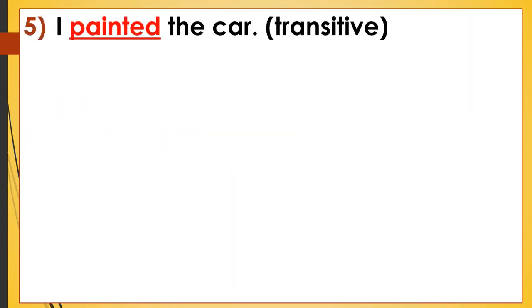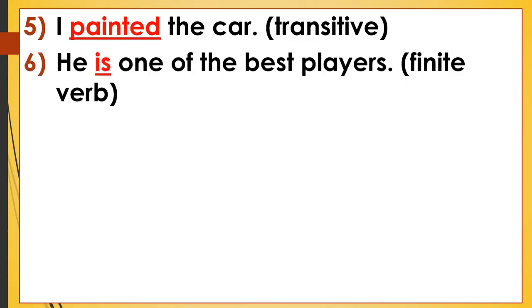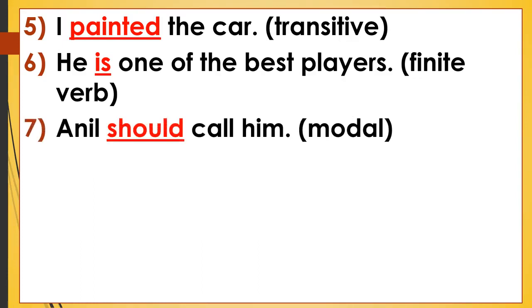Number 6. He is one of the best players. So here is a finite verb, because the verb directly refers to the subject itself. Number 7. Anil should call him. So should is here a modal verb, and it is showing advice. Number 8.